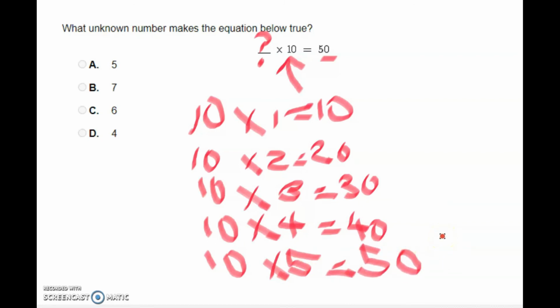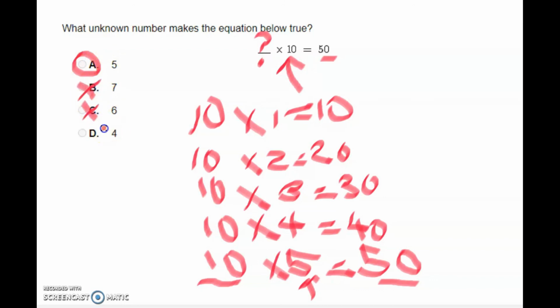We have identified the number that 10 is multiplied by to get 50. 10 here, 50 here, so that unknown number is 5. So 5 is the correct answer to this equation.